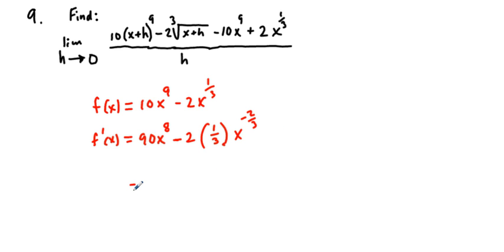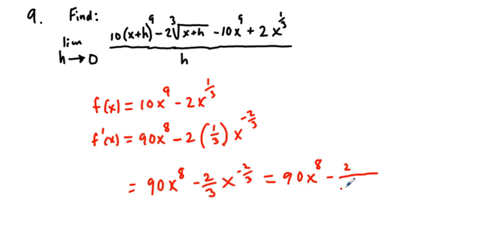So that's 90x to the 8th, negative 2/3 x to the negative 2/3, which is equal to 90x to the 8th minus 2 over 3 cube root of x squared. Okay, I'll box this in here.